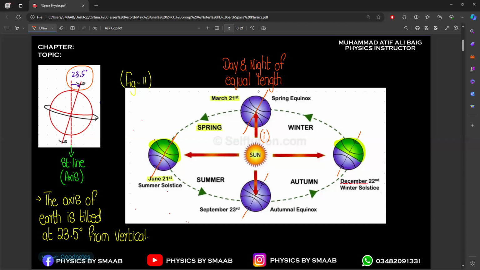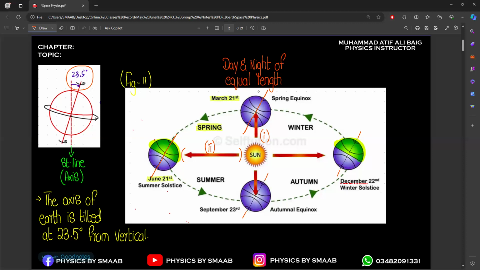You can see this distance is increased. You can measure this length and the first length. So the second length is greater than the first because of elliptical shape. So the first change we observe is that the distance is increased as compared to the first position. So this is the first change, right?